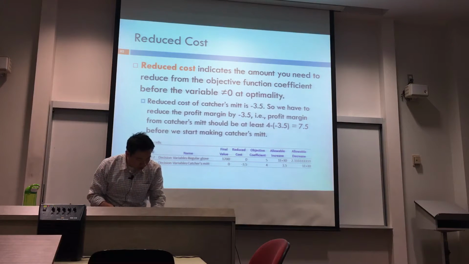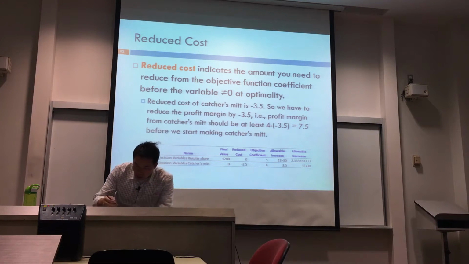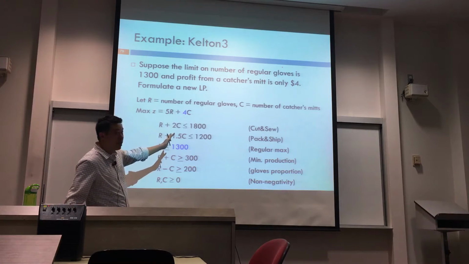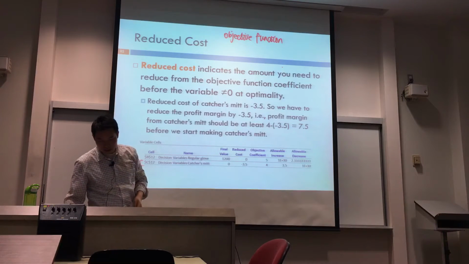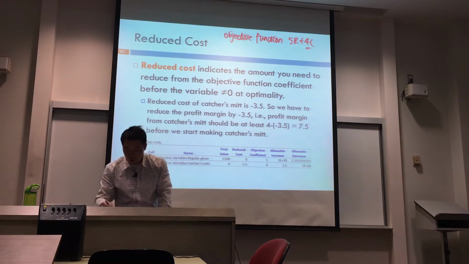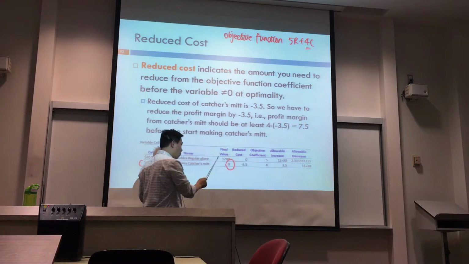Remember the original objective function we start with is 5R plus 4C, right? And as we know, the profit margin 4 is not high enough, so at optimal it is 0.